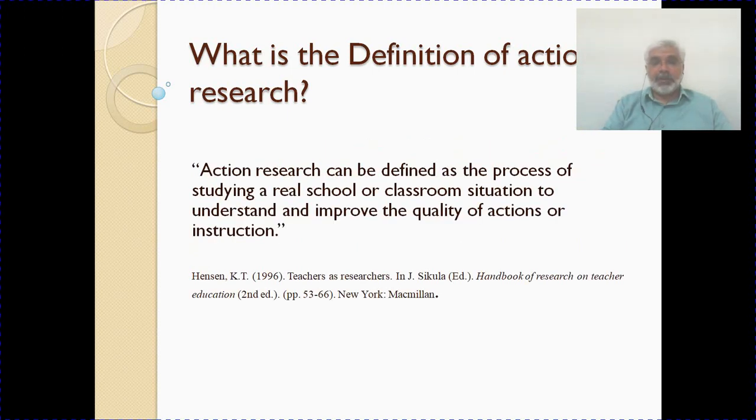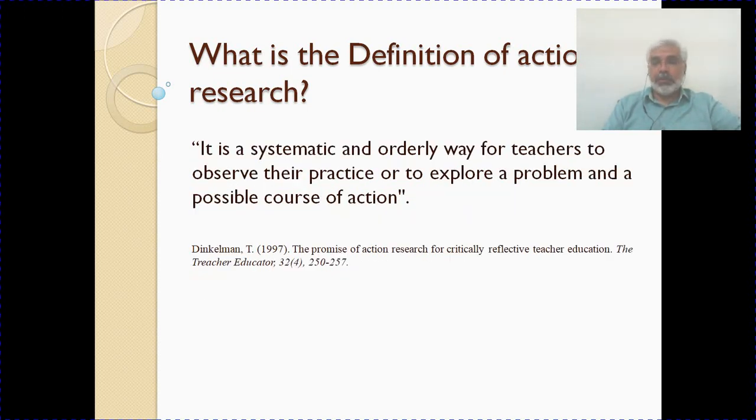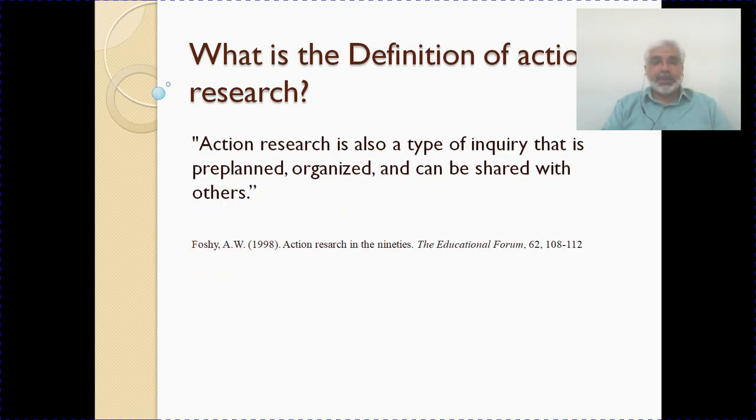Well, I like the first one. Action research is defined as a process of studying real school or classroom situation, because we are teachers and we do care about classroom. Actually, classroom is our major concern, and the situation, the classroom context, is our concern as teachers, to understand and improve the quality of actions or instructions. You can adopt or take whatever you want from these 3 definitions.